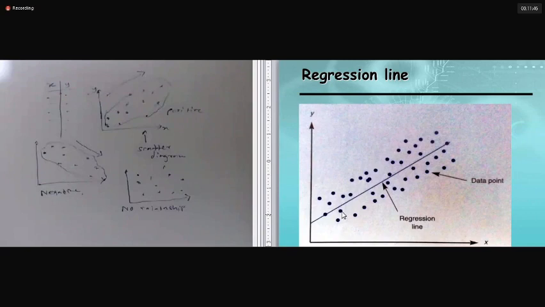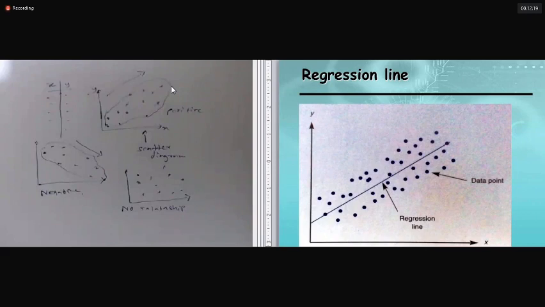If you look at this graph, you can see there's a positive relationship, but when the relationship is in this way, we cannot use it for forecasting. So what we can do is draw a line to represent all these points.